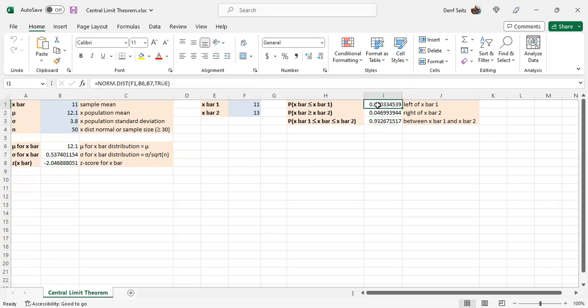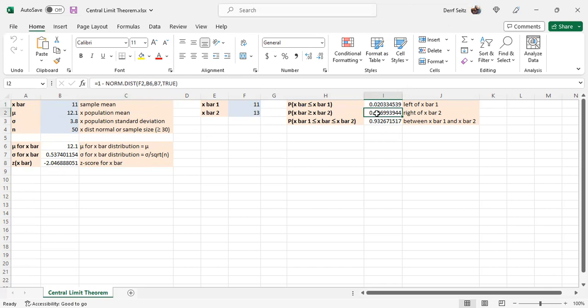Look at these formulas. This first one here, less than X bar 1, uses the normal distribution. F1 is X bar 1, 11 in this case. B6 and B7 are the mu and sigma for the sampling distribution. And true means use cumulative area to the left.